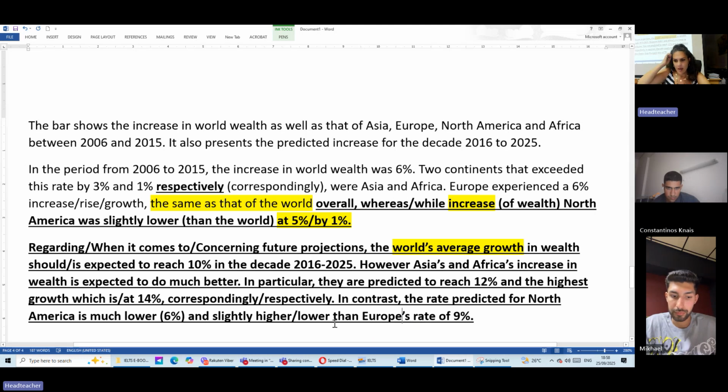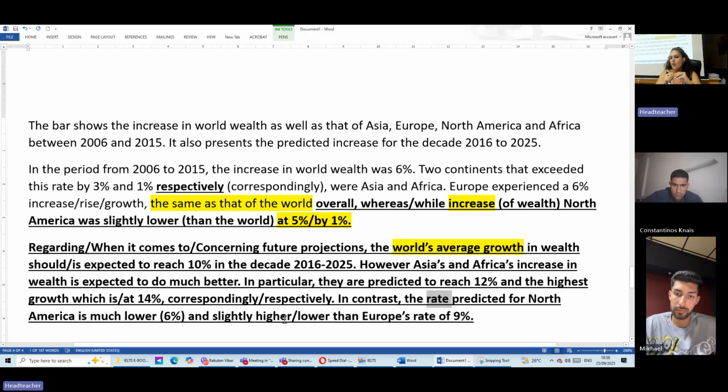So let's see. In contrast, the rate predicted, it is okay to say the rate because the rate speaks about the rate of growth. The rate predicted for North America is much lower, and slightly higher than Europe.